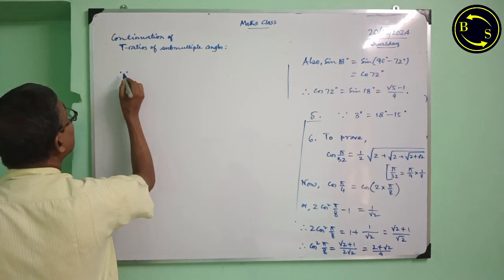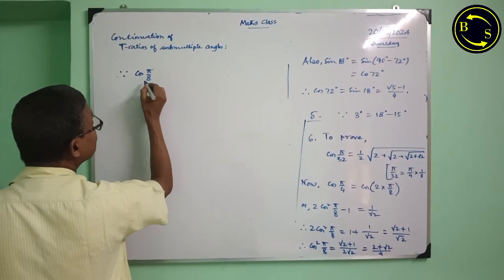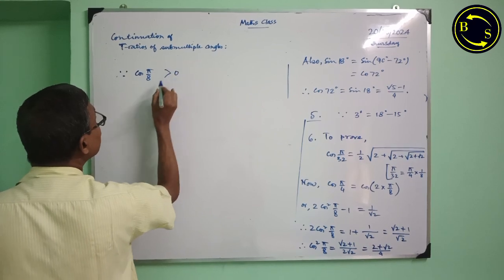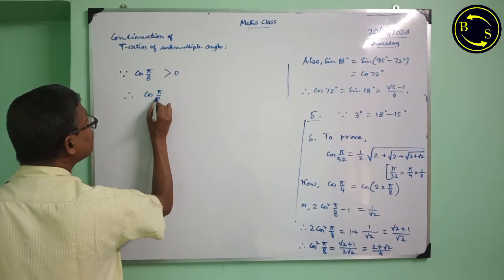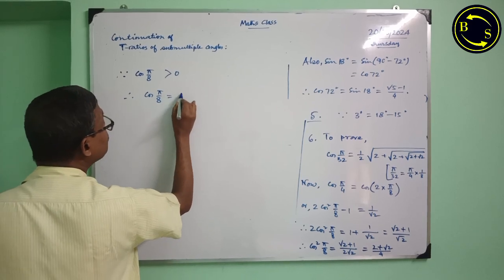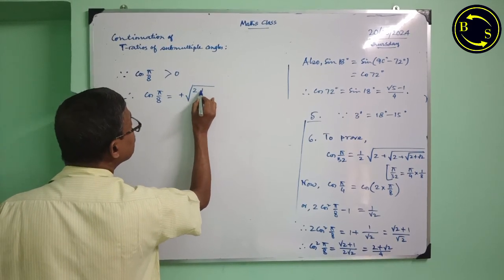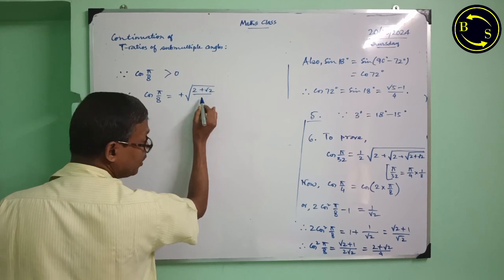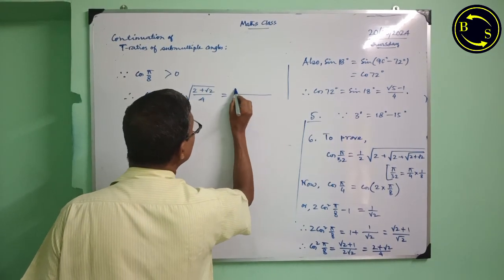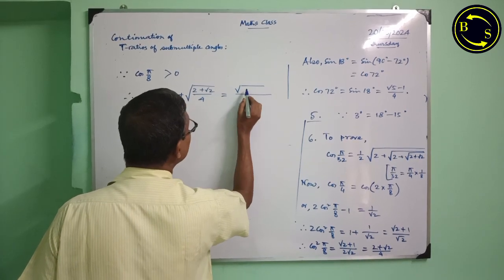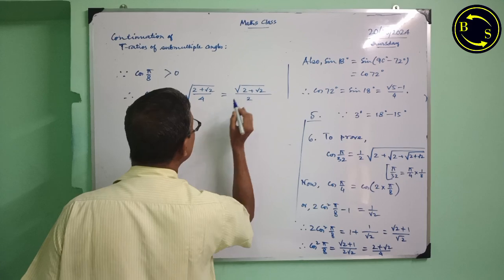Since pi by 8 is a positive angle, cos pi by 8 will be equal to the positive square root of 2 plus root 2 by 4, that is equal to numerator under the square root symbol 2 plus root 2, denominator will be 2.